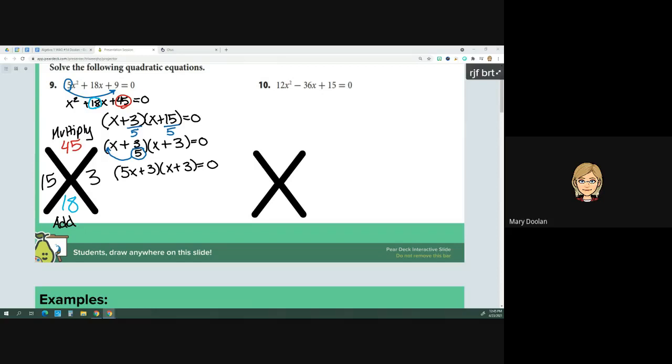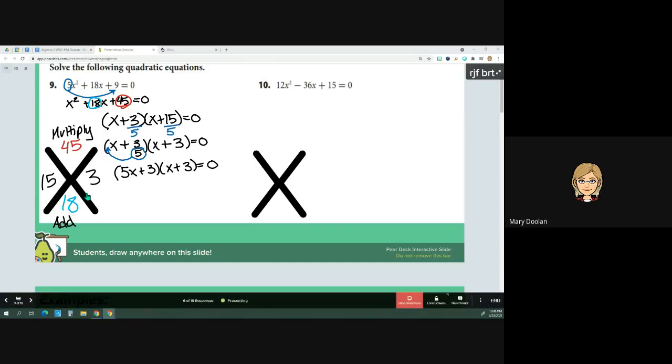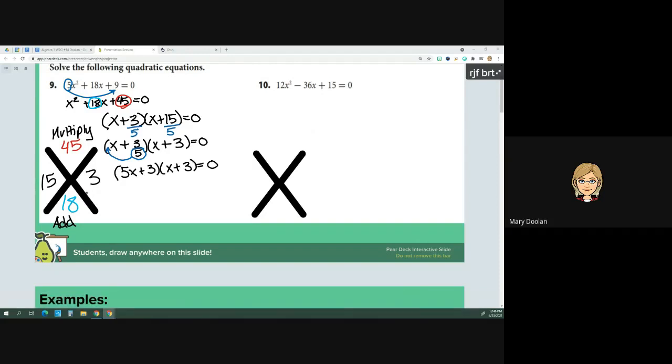So the next step here is to set them both equal to 0. We're going to write two separate equations. We have 5x plus 3 equals 0, or x plus 3 equals 0.